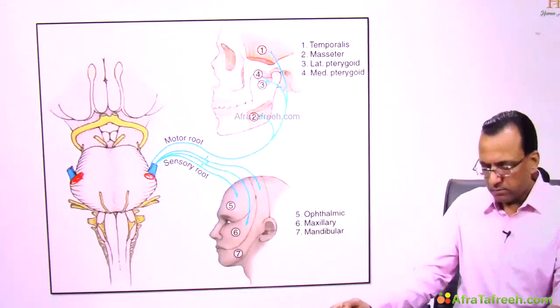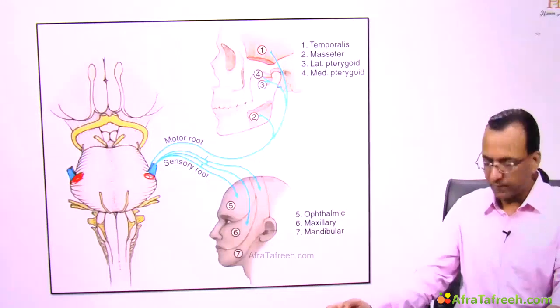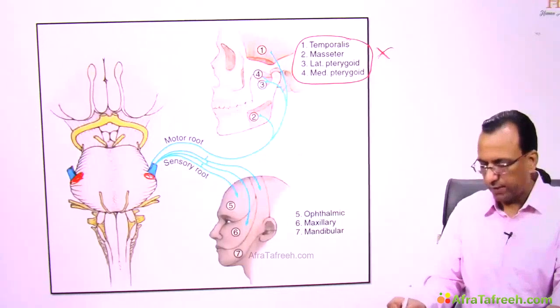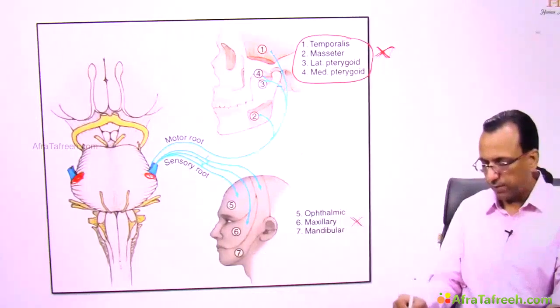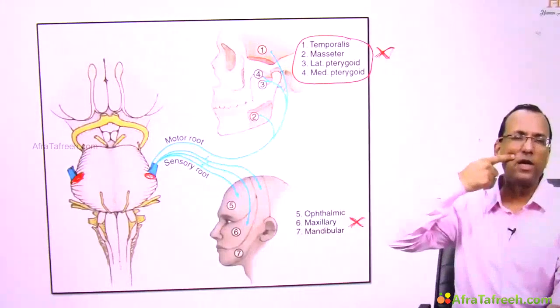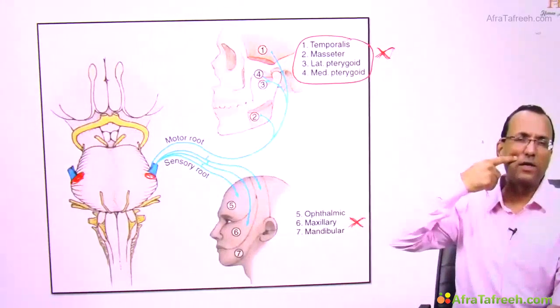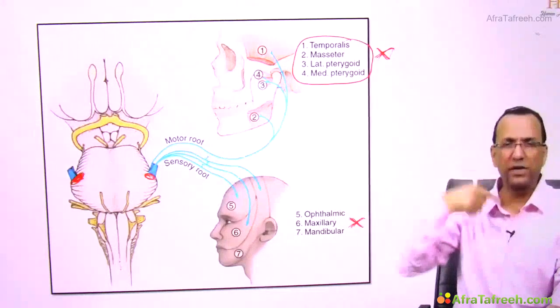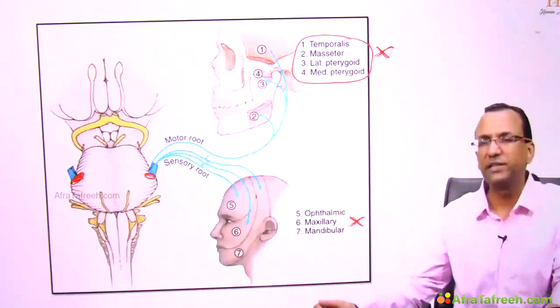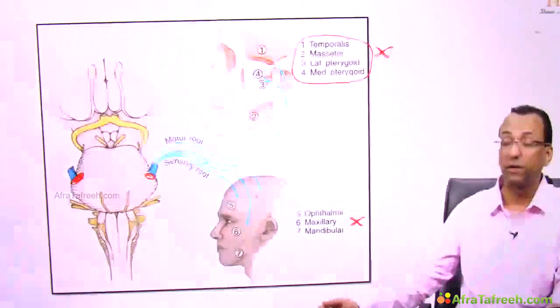So, whenever the mandibular nerve is gone, what will happen? The muscles of mastication will be compromised and there will be sensory loss depending upon which area is involved. If it is the tip of the nose, ophthalmic; if skin of the maxilla, then maxillary nerve; and here it is the mandibular nerve. Sensory loss on the anterior 2/3 of the tongue also, general sensation lost if the mandibular nerve is involved.